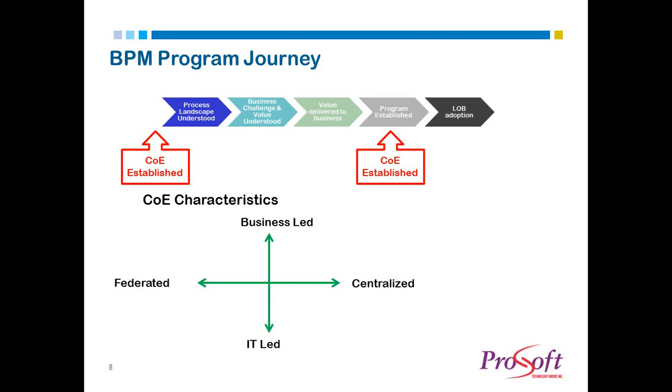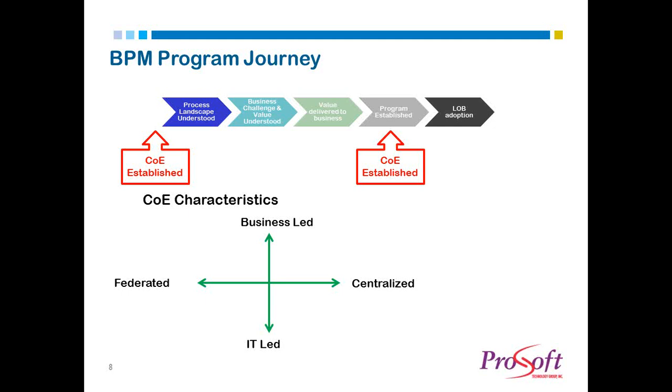Or you could do it top-down, where you know that a CoE will establish the value. You identify all the roles, the team, the appropriate funding model, and you really look at your entire process landscape. And I'll go into more details later.